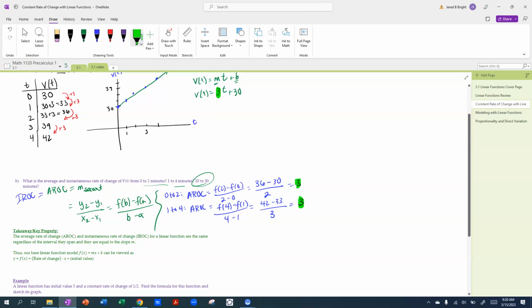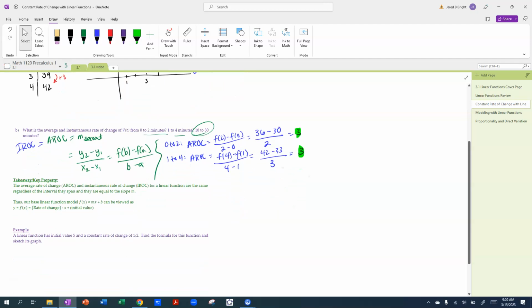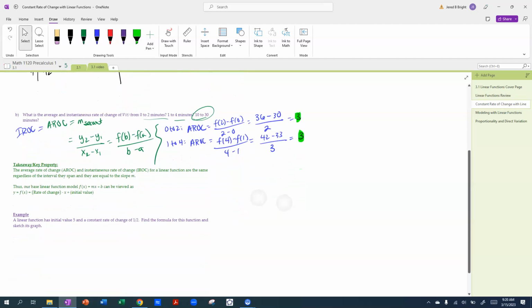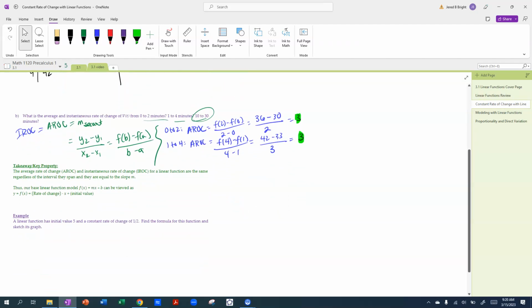In a linear function, this is super important. Make sure to star this, bold it, highlight it, or whatever you need to do for your notes. In a linear function, average rate of change, instantaneous rate of change, and slope are all the same. So AROC equals IROC equals m.